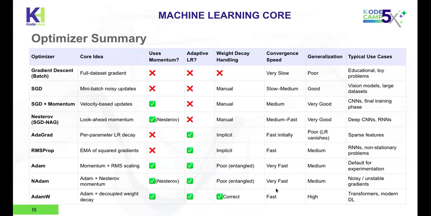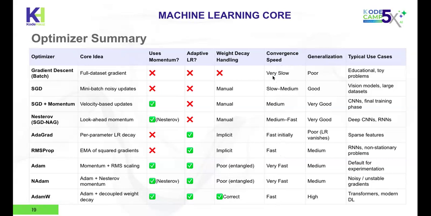Convergence speed, so you can see that the ones that have momentum will converge really fast, right? And the ones that also have adaptive learning rate will converge fast, right? AdaGrad also converges fast initially.